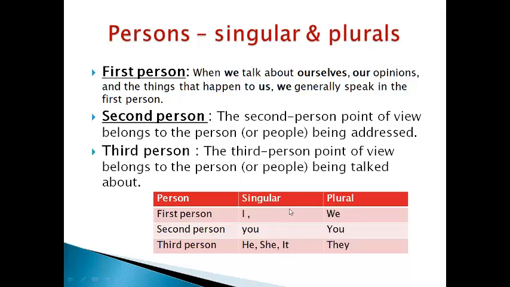Here pronouns are also divided as singular pronouns and plural pronouns. And if we see these, he, she, it, they are divided based on the gender of noun. He represents masculine, she feminine, it neuter and common gender. So based on this division of gender and division of number, we have this division of pronouns also.